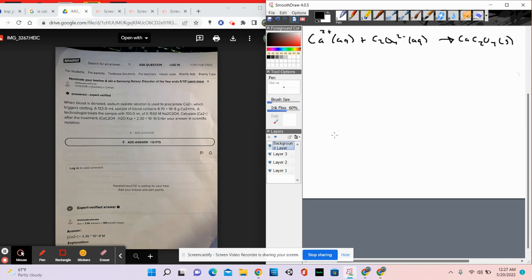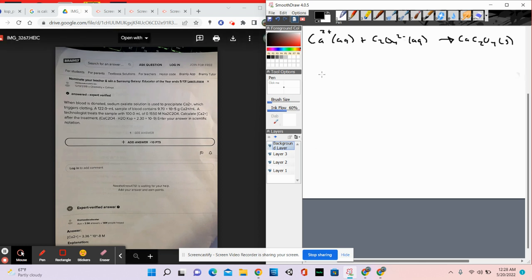So what we want to do is first calculate the moles of the calcium 2 plus in the blood and the moles of oxalate in the sample that is injected into the blood.